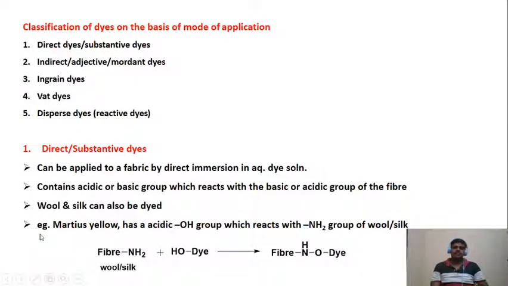An example of direct dyes is Martius yellow, which has an acidic OH group that reacts with the basic NH2 group of wool and silk. In the reaction shown, the NH2 group of the fiber gets attached to the OH group of the dye, and the color is transferred from the dye to the fiber. The bond is between the O and the N.